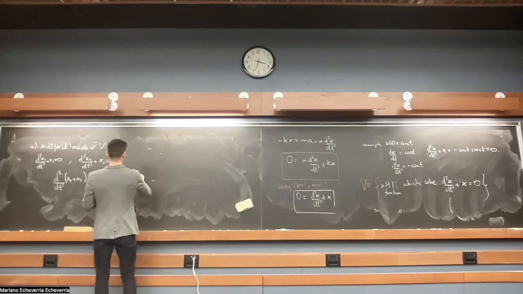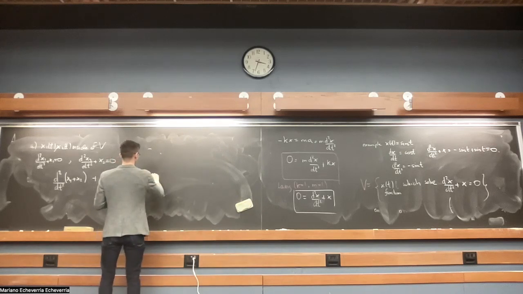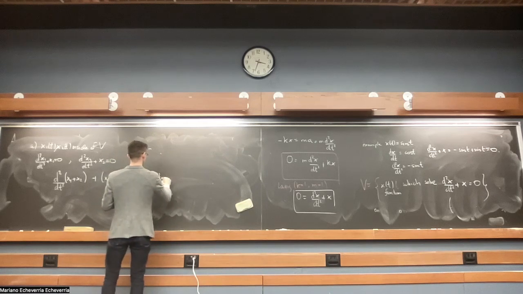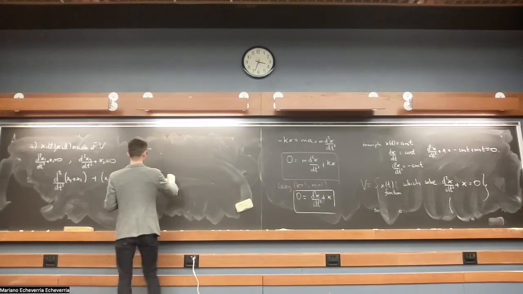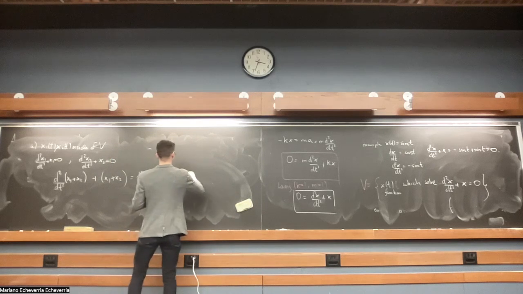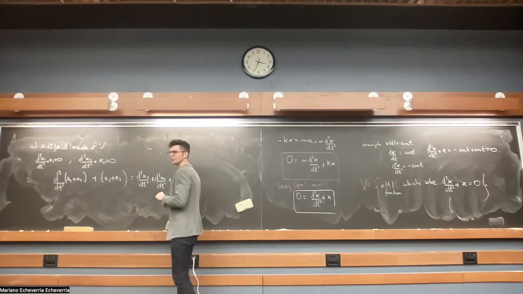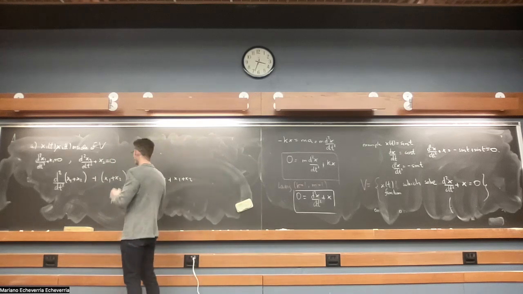So this is the second derivative of x1 plus the second derivative of x2 plus x1 plus x2. And then we do something that we have been doing all this time, which is we group them.